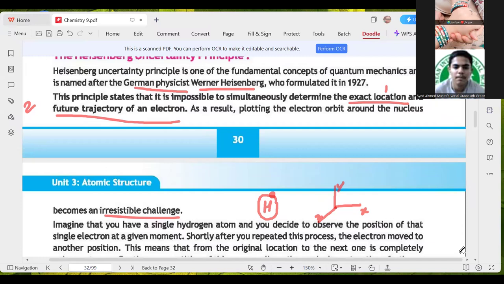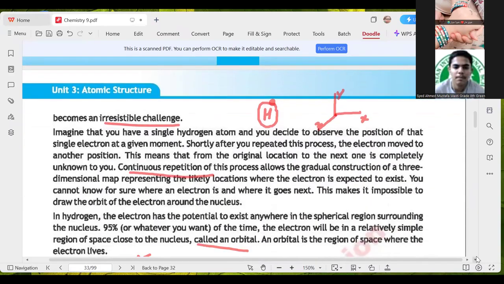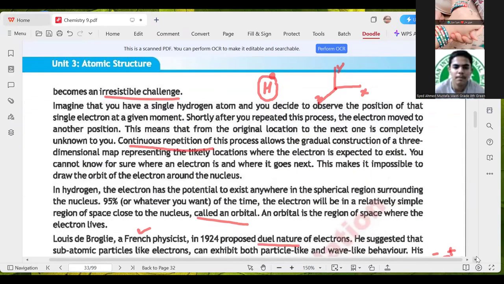Okay. As I was saying, in the Heisenberg Uncertainty Principle we learned that it is impossible to determine the exact location of an electron within an atom. The example given here is a single hydrogen atom, which consists of one electron.